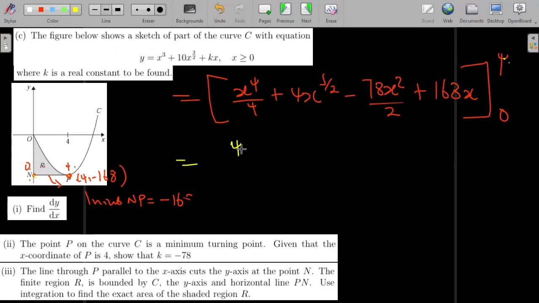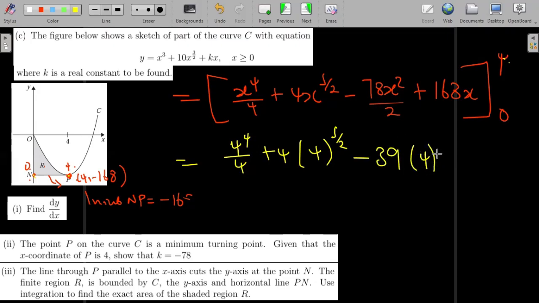So here it will be 4 to the power 4 over 4 plus 4 times 4 to the power 5 over 2, minus 78 divided by 2, which is minus 39, times 4 squared, plus 168 times 4.